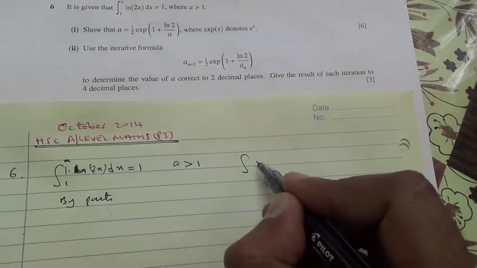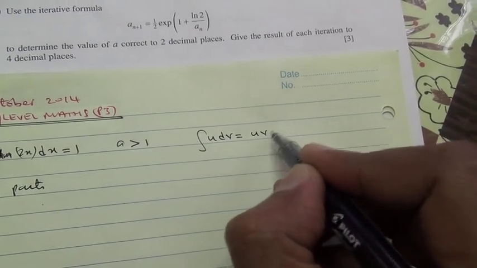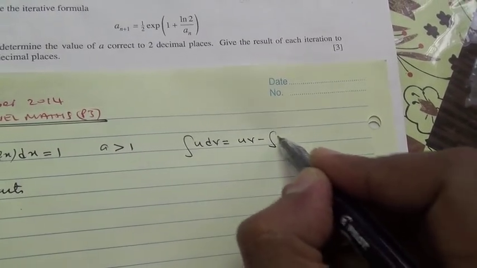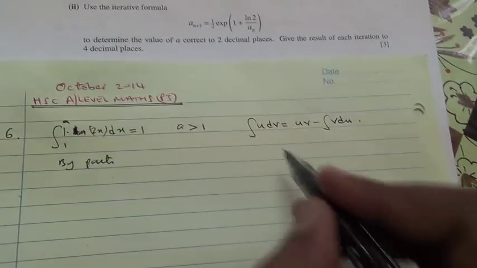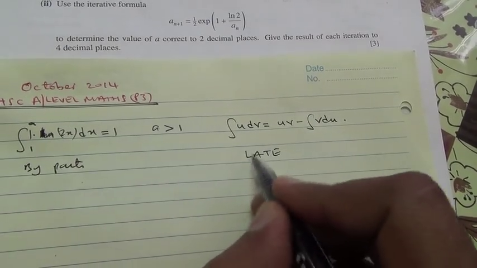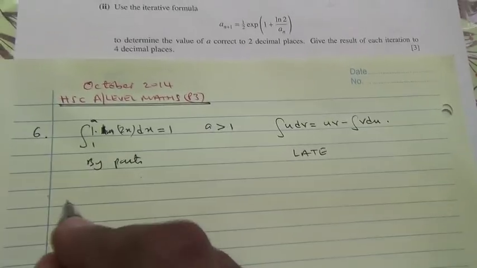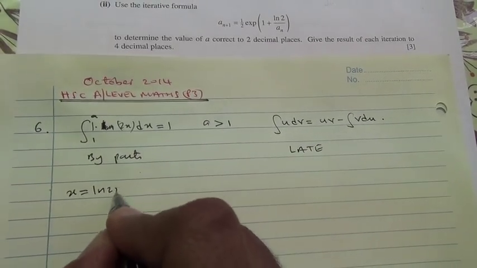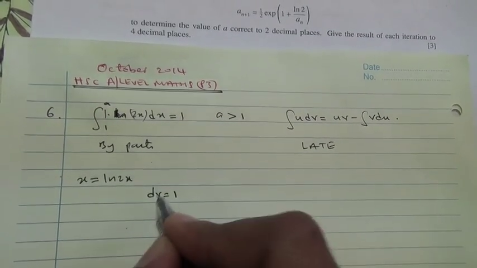It is integration of u dv is equal to uv minus integration of v du. So over here, if we use LATE, you will see that the natural logarithm comes first. Therefore we're going to say u is equal to ln 2x and then dv is going to be 1.